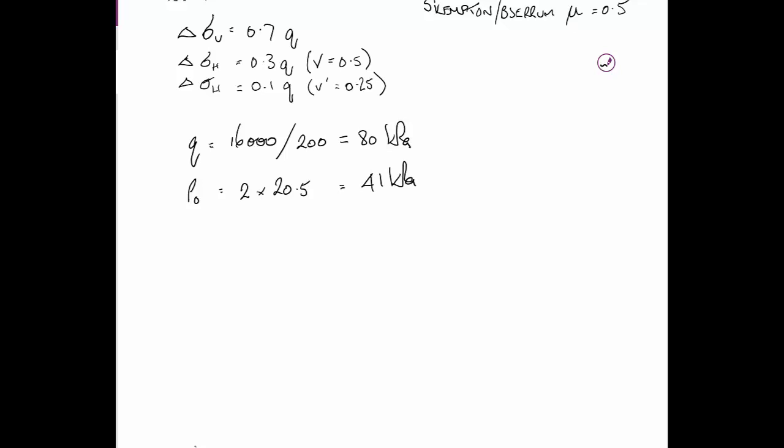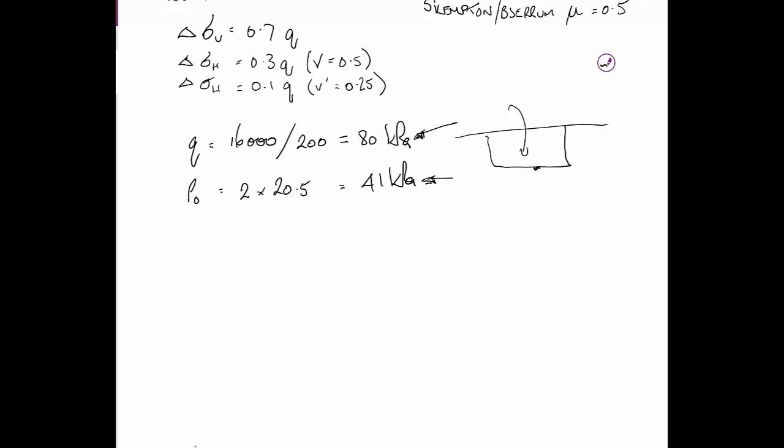A few questions were asked about this in the tute. All I want you to think about is the ground surface level. We've got a little bit of soil here, 2 metres below the surface. It's experiencing 41 kilopascals before anything happens. Then we excavate this 2 metre deep area and we add this 80 kilopascals. So what's this little element of soil experiencing?